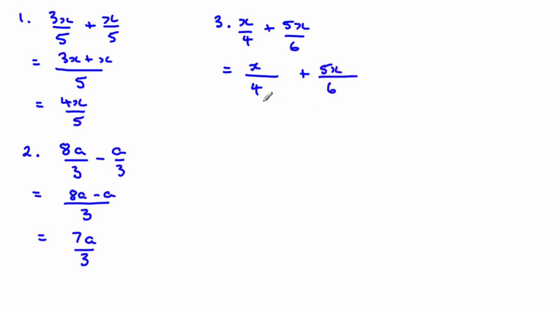And we've got to make these numbers the same. It's got to be a number that 4 can divide into and 6 can divide into. In other words, a common denominator. And if you look at it carefully, the smallest number that they both go into is 12. So we actually have to change this into a 12.